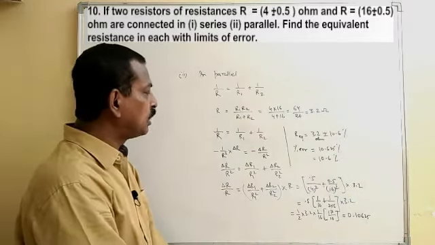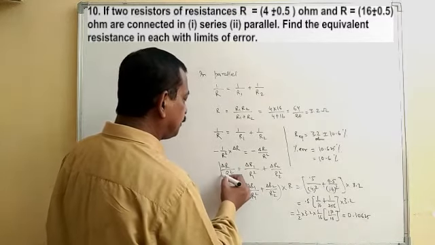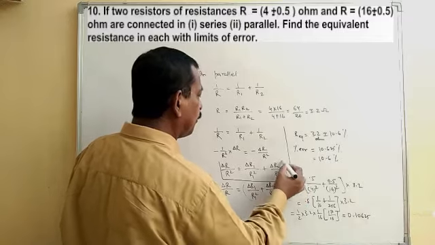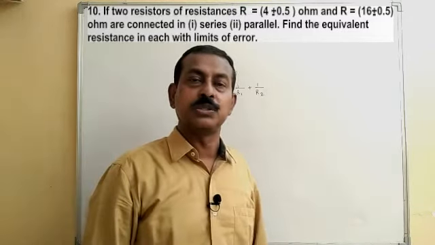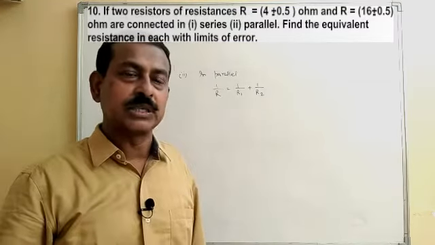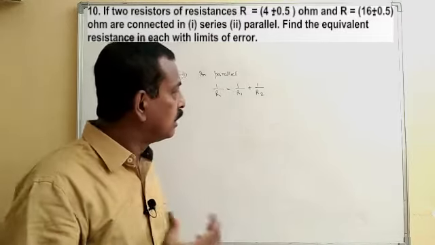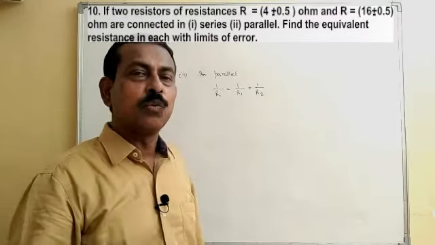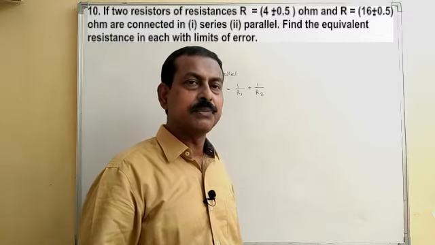So basically you remember that you have to use this formula for parallel combination. For those who have not done calculus, or have not taken maths as their main subject, it may be slightly difficult to understand at this level.